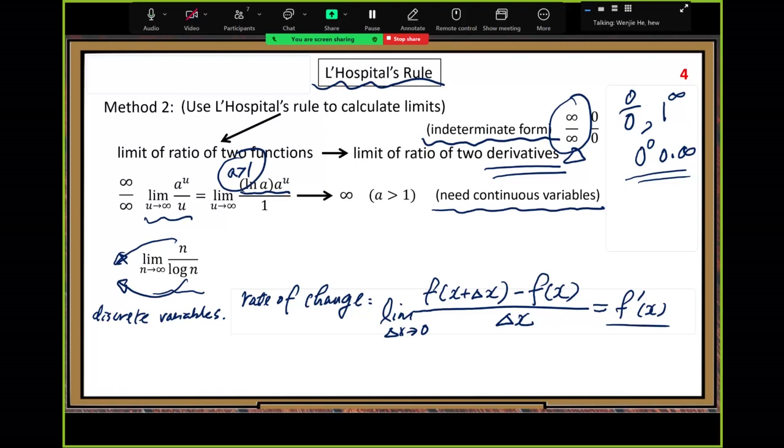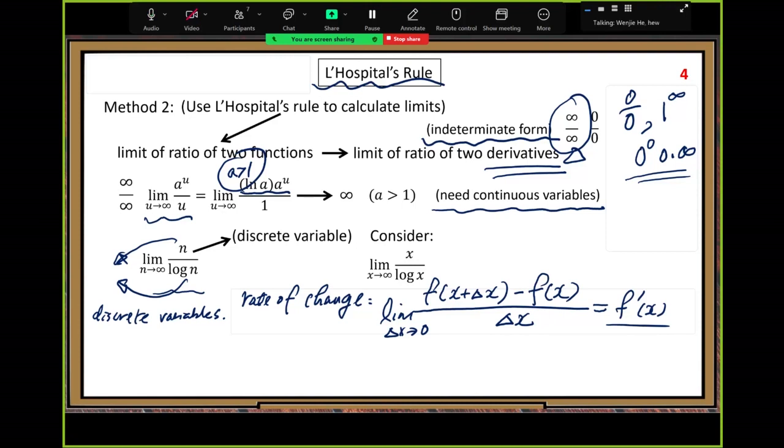In order to apply L'Hopital's rule, we need to convert our functions to functions with continuous variables. Let me convert it. We switch to the corresponding continuous version of the functions and its corresponding continuous version x.